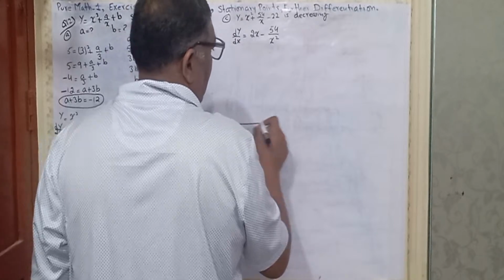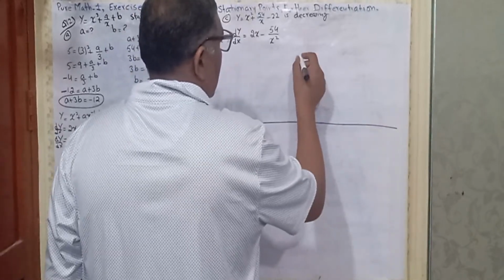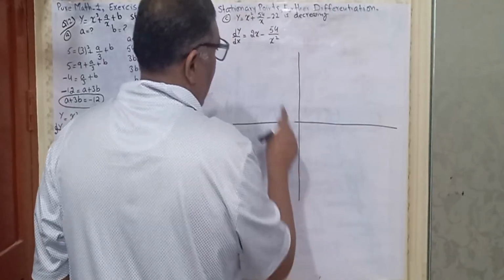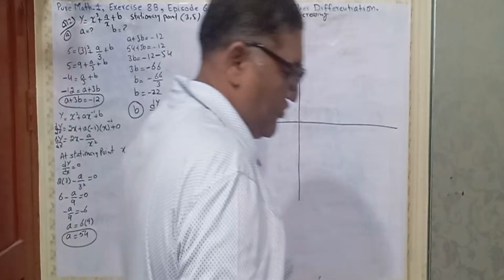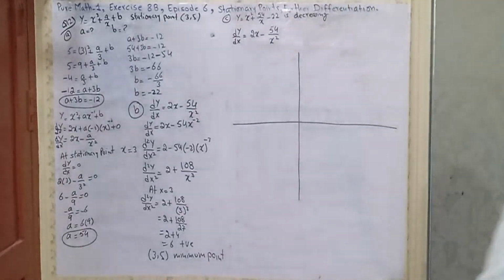So if I draw a graph, at 0 this graph will be infinite. With the help of the calculator, for example, when I put 1 in it, what happens? 2 multiplied by 1 minus 54 divided by 1 squared equals, at 1 the value is minus 52.